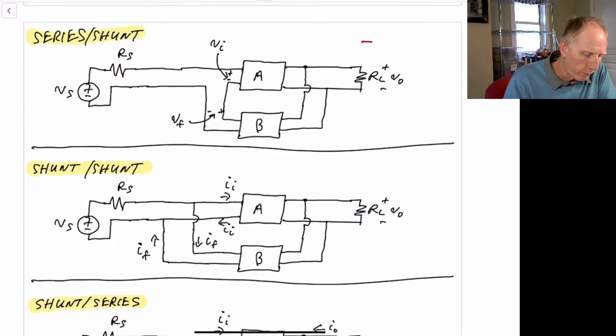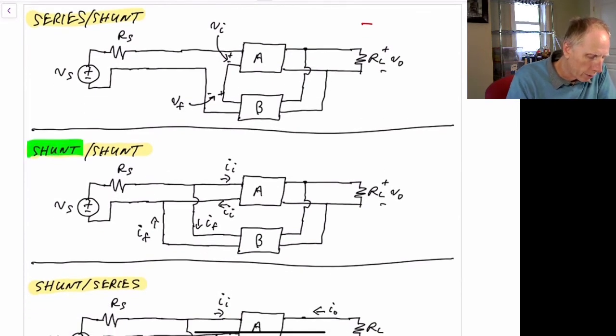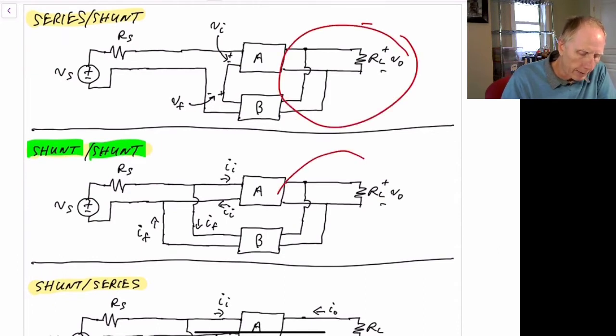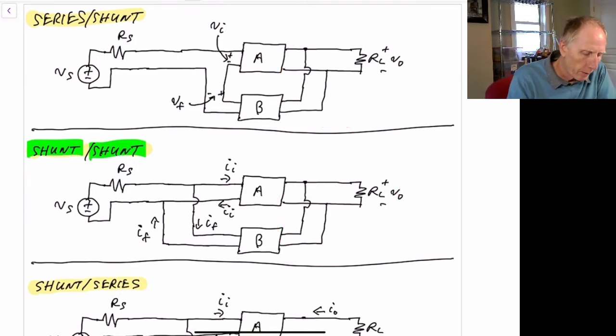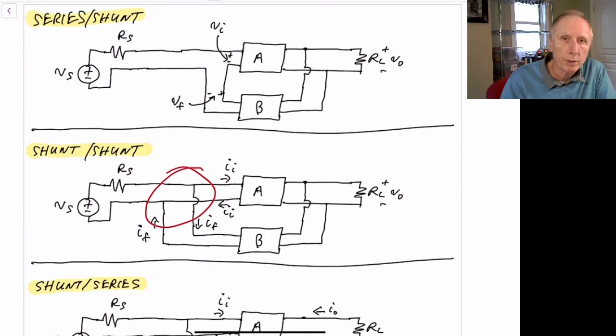We also look at a shunt. So the output system over here is exactly the same as the output system over here, because the output is shunt in both cases. But now for the feedback portion, mixing, we have mixing as a shunt. So they're in parallel over here.